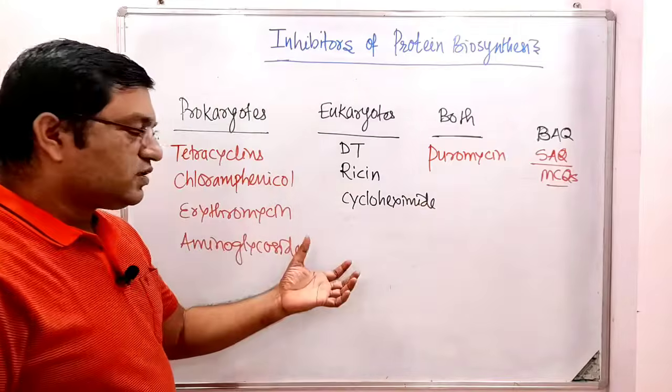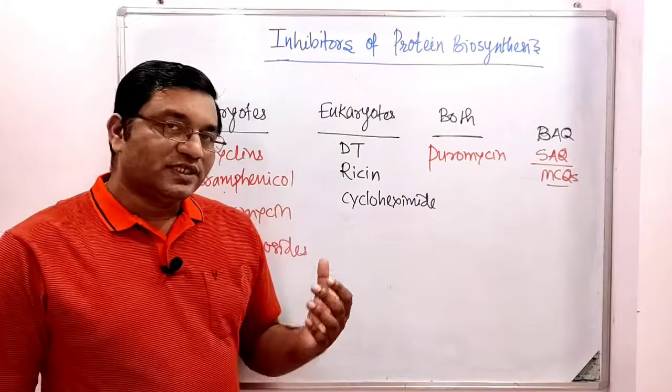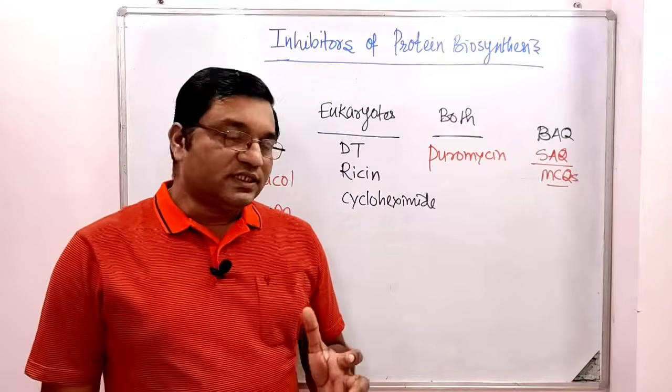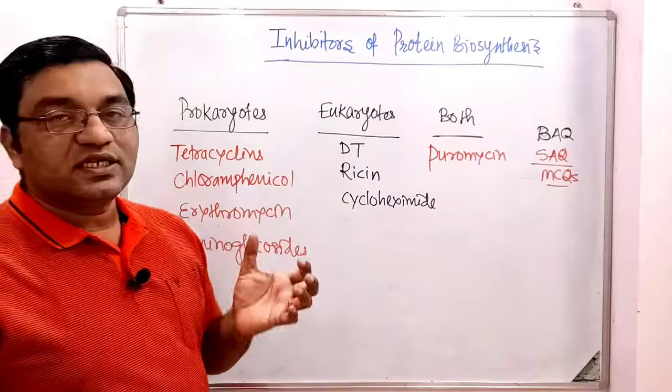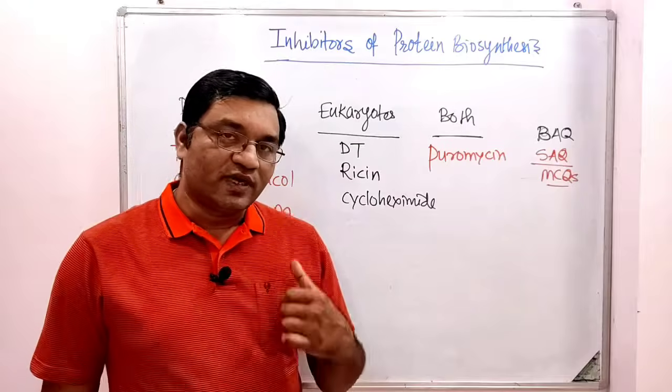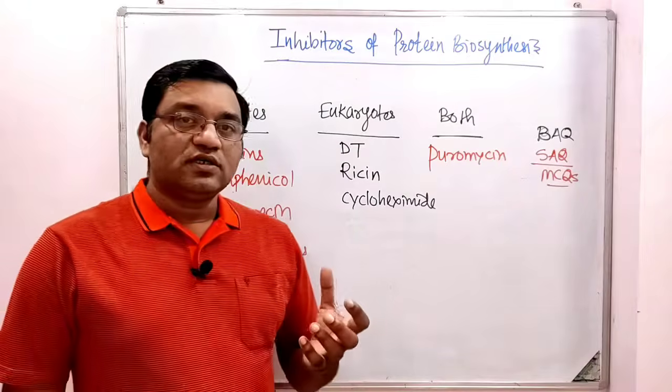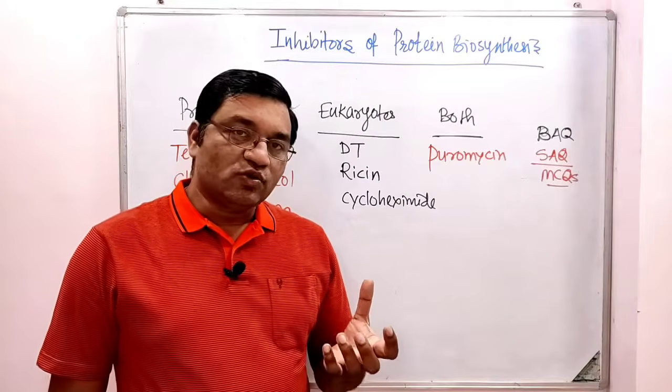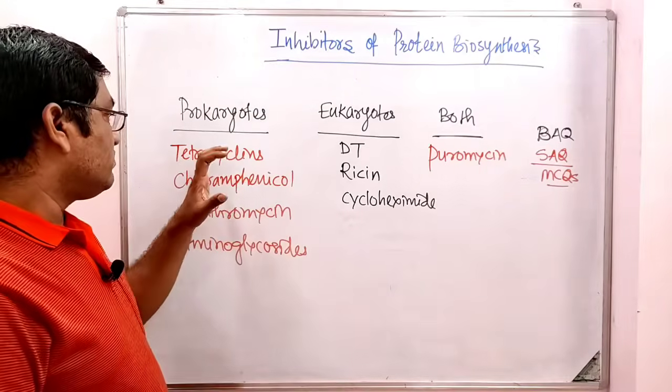So these are the drugs which are used in the treatment of various diseases. They inhibit the translation process by binding to the smaller or larger unit of the ribosome and blocking the translation process. Okay, so we'll see one by one.